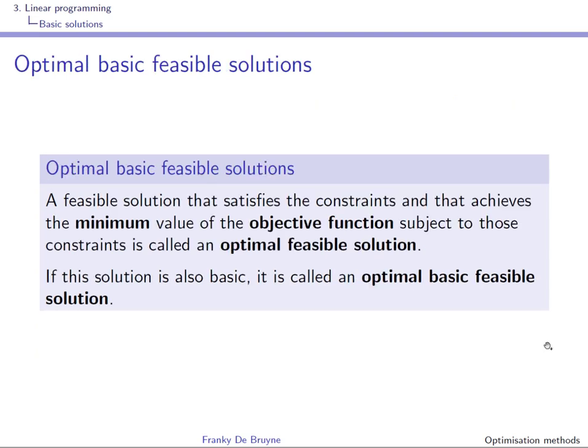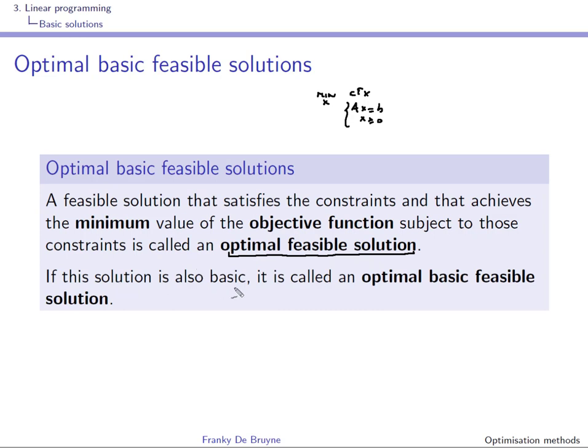Of course, we are looking at a linear program, so we have minimization over x of c transpose x with Ax is equal to b and x non-negative, right? So this gives you the feasible solutions, and among all the feasible solutions you have the one that minimizes the cost, and this solution is the optimal feasible solution.